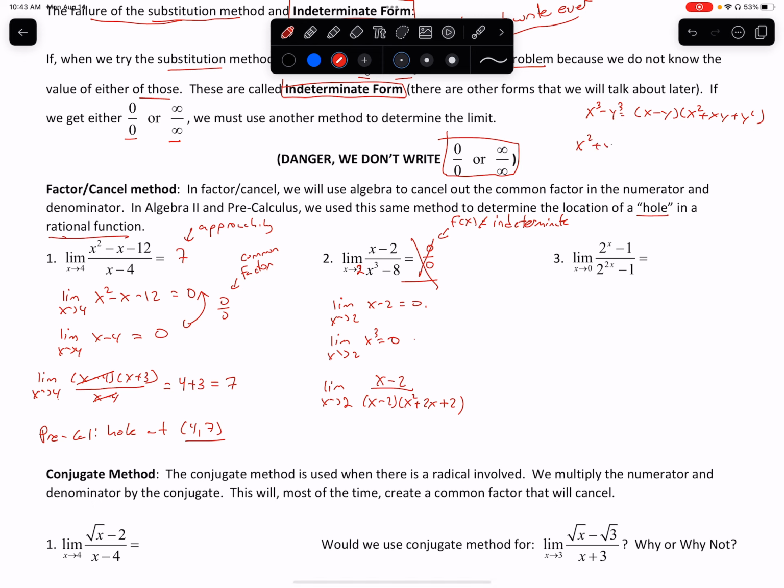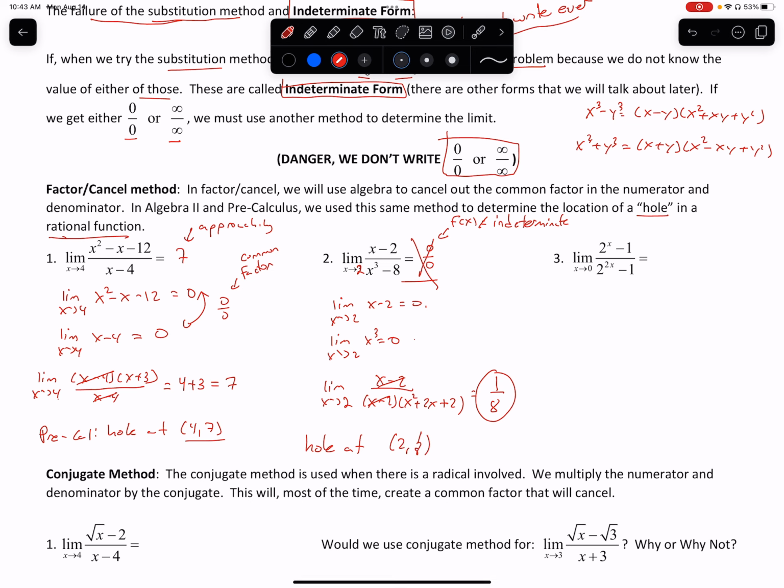X cubed plus y cubed is equal to x plus y, x squared minus xy plus y squared. There we go. And these 2's all cancel, and I'm going to get 1 over 8 if you verify that. So remember, in pre-cal, we're saying that there's a hole at the point 2, 1/8.